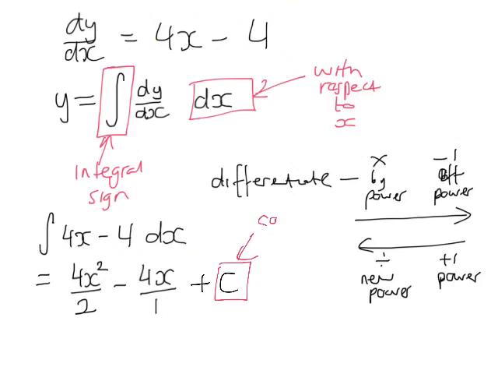We're not quite sure. So we've got this constant of integration, but if we were given some more information about this curve, if we were told it passes through a certain point, we could put in our y and x coordinates and find out this constant of integration.